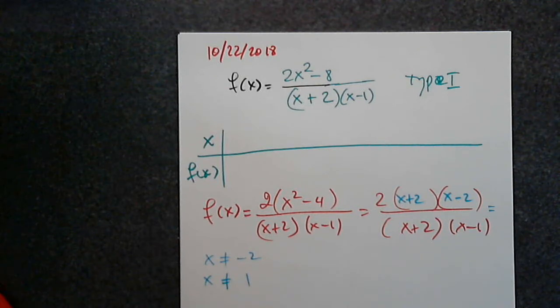Again, look at the function. After I stated the restrictions, what should I do next? Very important to look at the function carefully. Any suggestions?